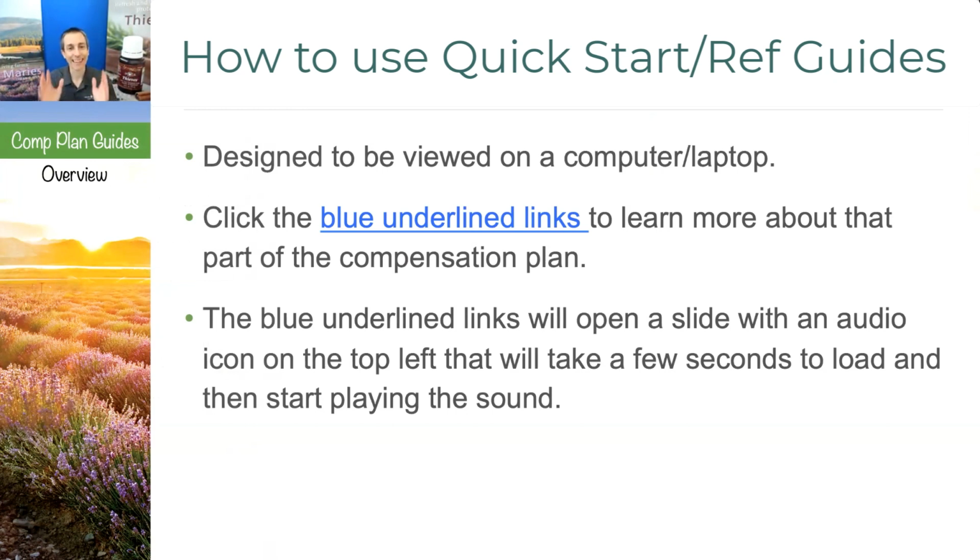They're actually links that you can click on, and it will launch you onto a page which explains that particular thing that you clicked on, and I'll show you what that looks like in a moment. So just be aware that whenever you see a blue underlined link, you can click on it to learn more about that. You'll see things like PV might be underlined, or OGV, or silver, or whatever it might be. If it's underlined in blue, just know you can click on it to learn more about that. So I'll show you what that is going to look like now.